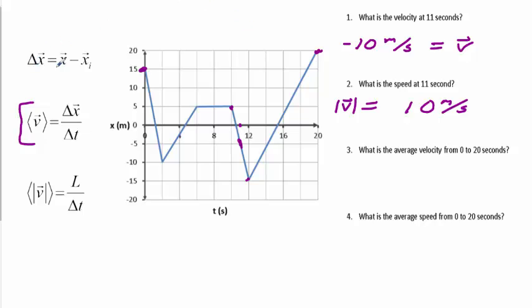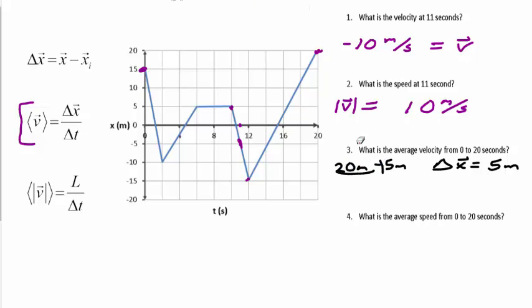So if displacement is the latter position minus the initial position, that's going to be 20 meters minus 15 meters. So our displacement is positive 5 meters. It means we moved 5 meters in the positive direction.